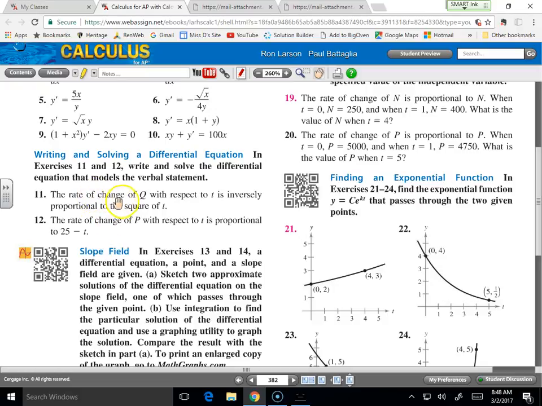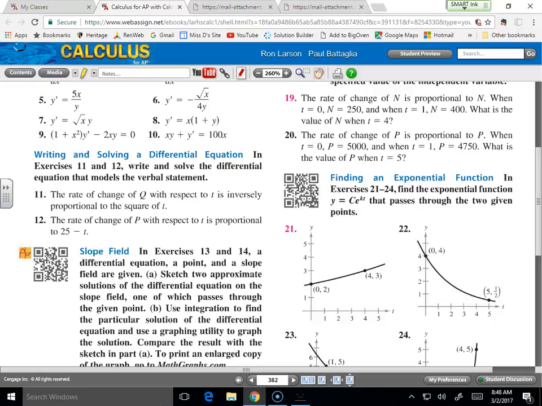Whenever they say rate of change of, what are they talking about? A derivative. Now if they say of q, q is our new y. So instead of dy dt, we're going to say dq dt for number 11, or for number 12, dp dt.